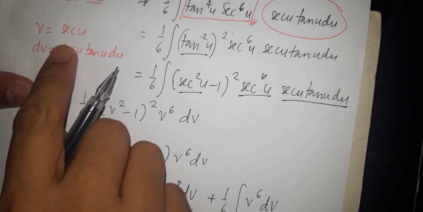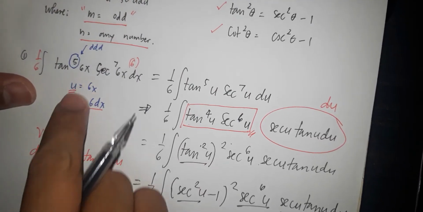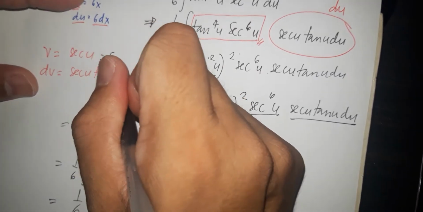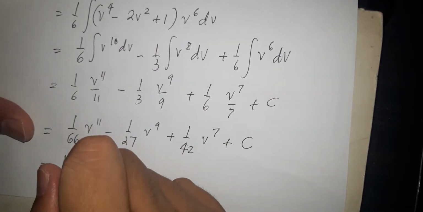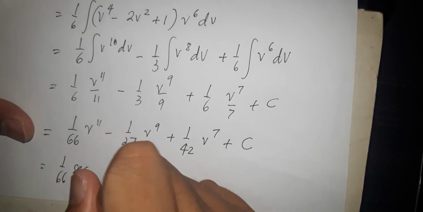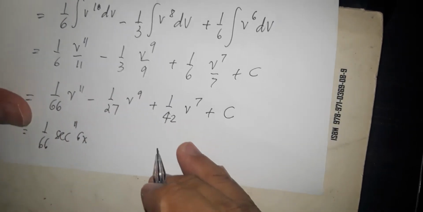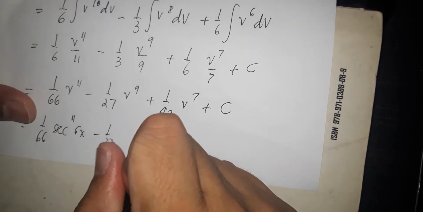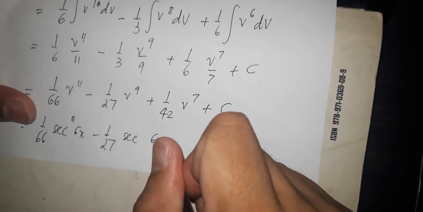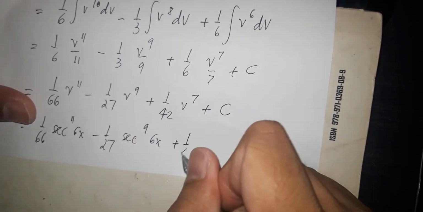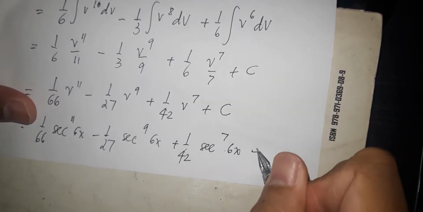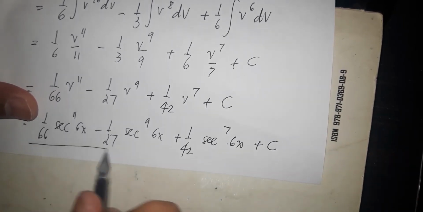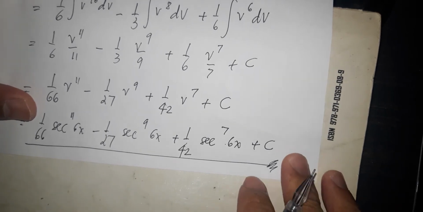Ang v natin is secant u and u is 6x. Papalitan lang natin siya ng secant 6x. So, 1 over 66 secant 6x raised to 11 minus 1 over 27 secant 6x raised to 9 plus 1 over 42 secant 6x raised to 7 plus c. So, that will be our answer.